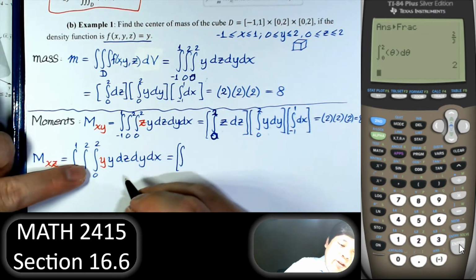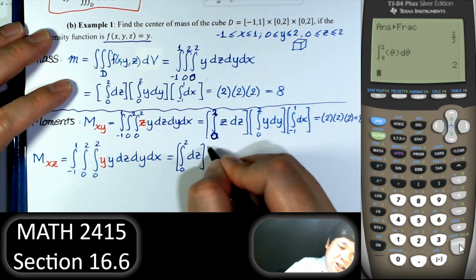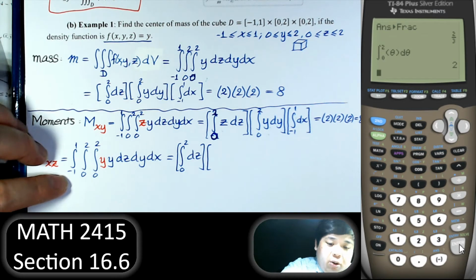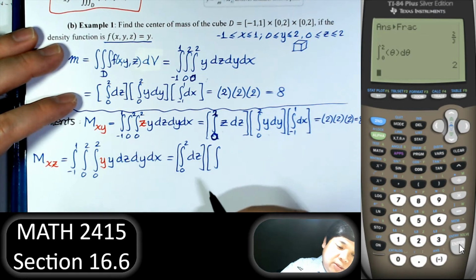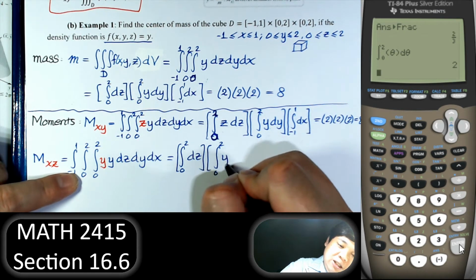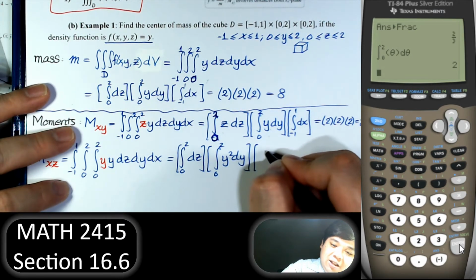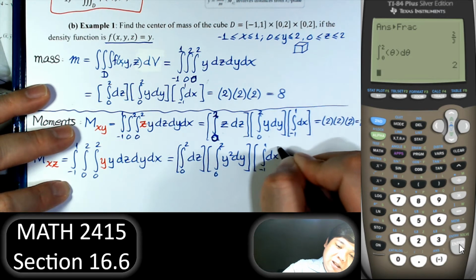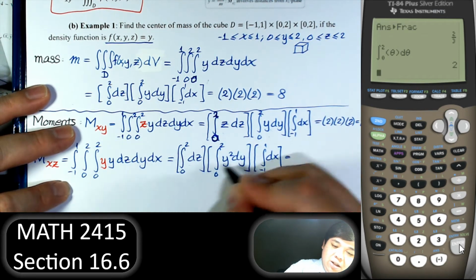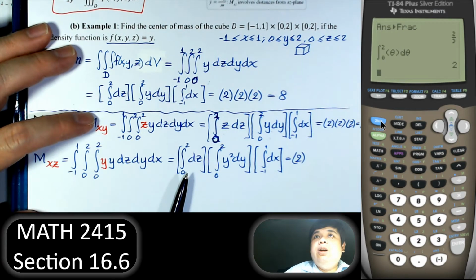Alright, let's group them. For z, 0 to 2, and there's no z here. And on the y, we have y squared. And on the x, so that gives us subtract the limits, that 2.